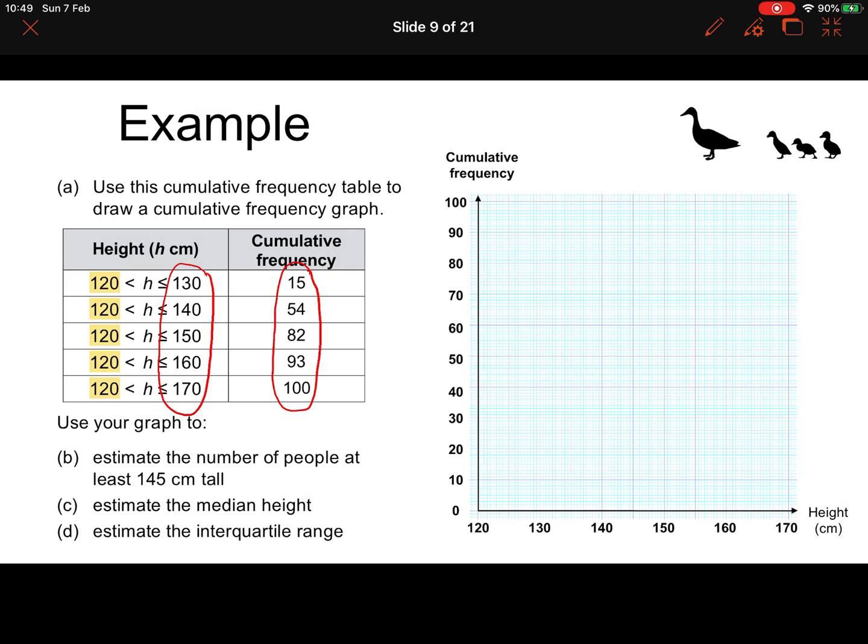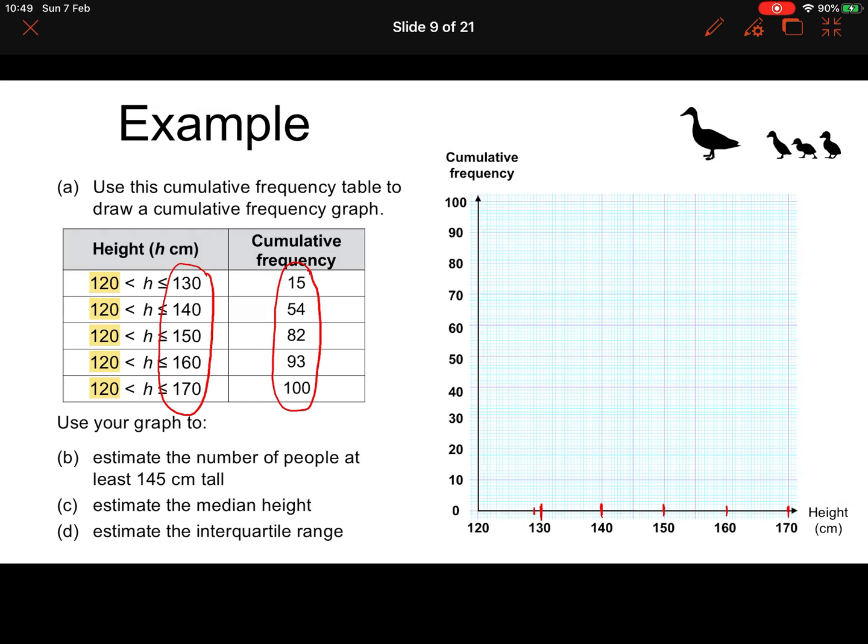So it should be 130, 15. Let's just do it the best I can. I'm just trying to figure out the scale that they've used here. So that's 140, 150, 160, 170.